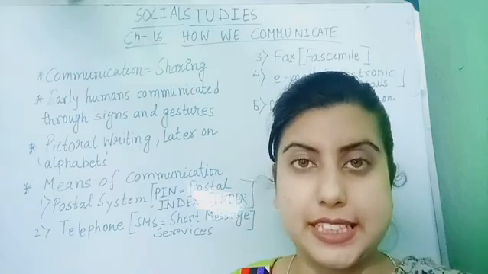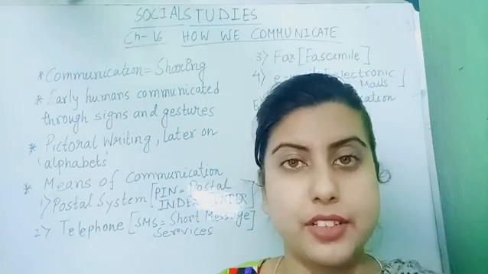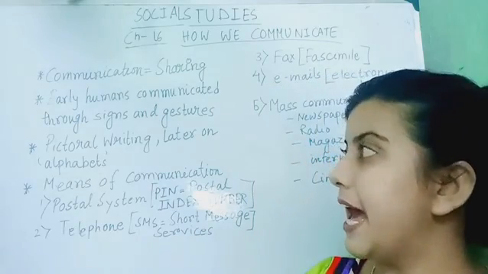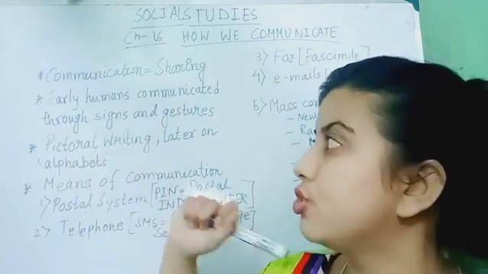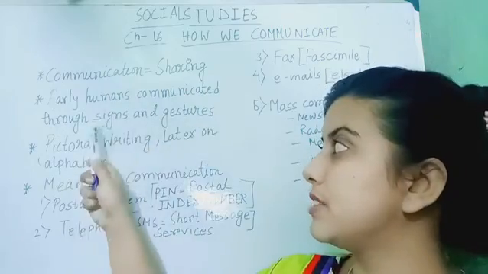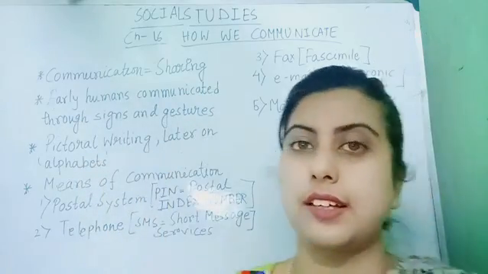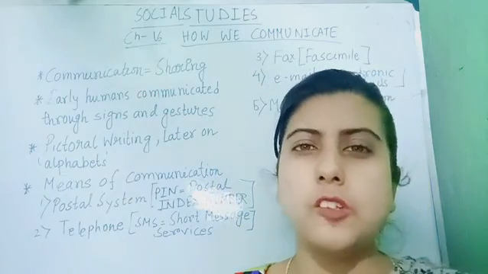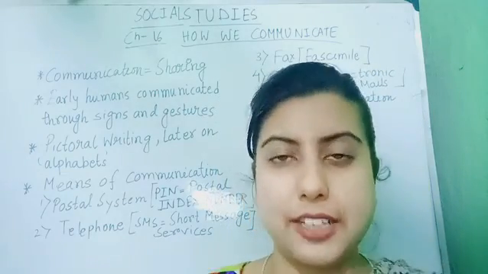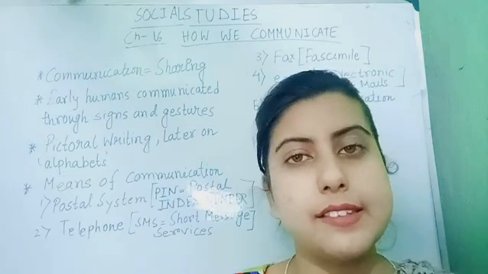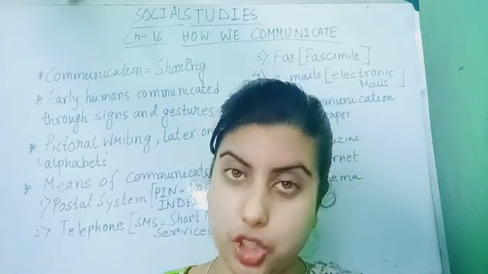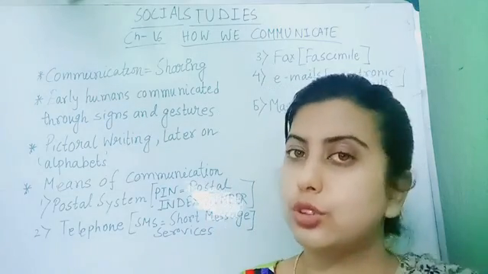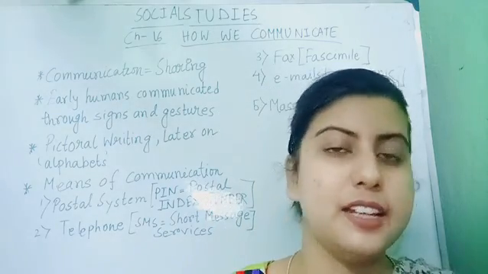They communicated through various gestures, symbols and signs, like the other animals. Other animals also communicate with each other with signs and gestures. Just like that, early humans communicated through various signs and gestures.